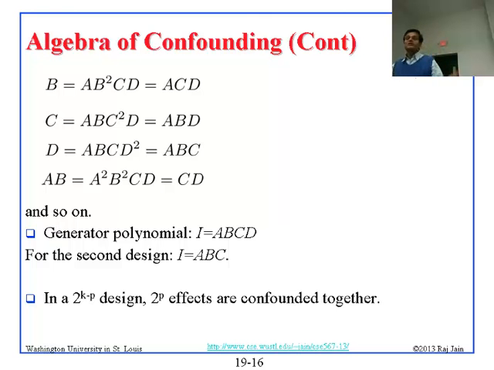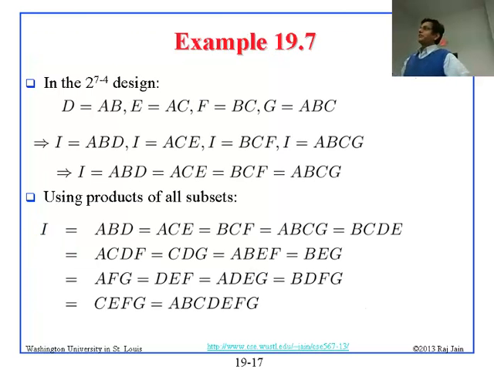In the 2 raised to 7 minus 4 design that we had done, the interactions are even bigger. So in that case, what we have done was we have written D equal to AB, E equal to AC, F is equal to BC, and G equal to ABC. We have replaced these columns like this. Now you can keep multiplying each of these 4, and you get 4 new confounding. For example, if I multiply by D, what do I get?